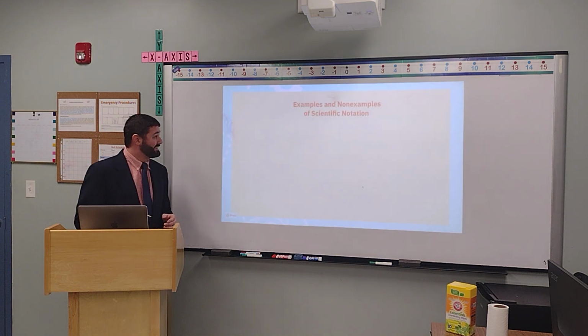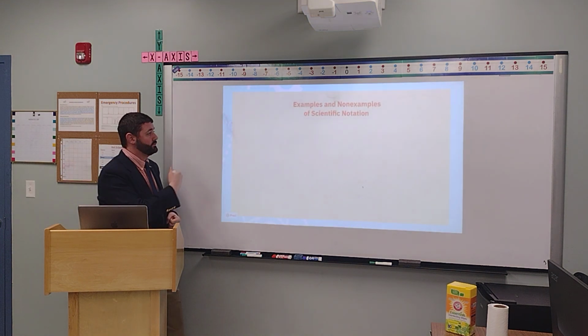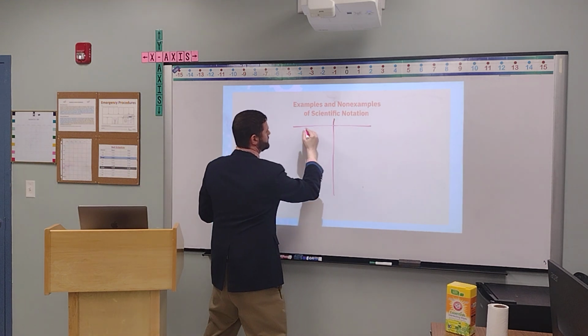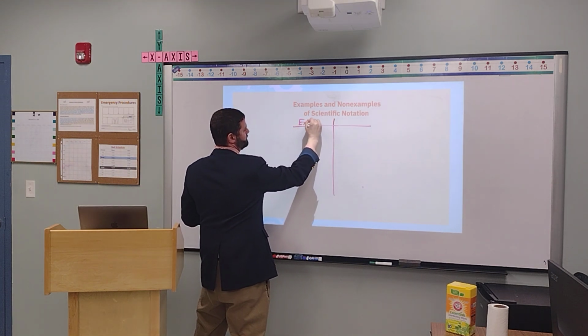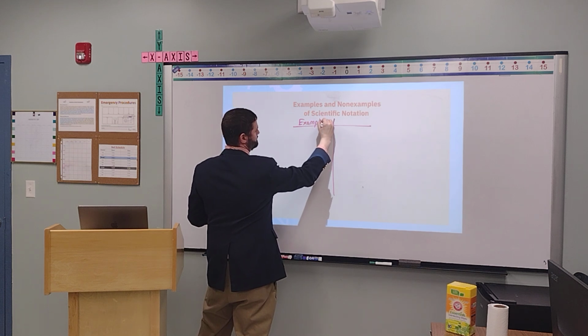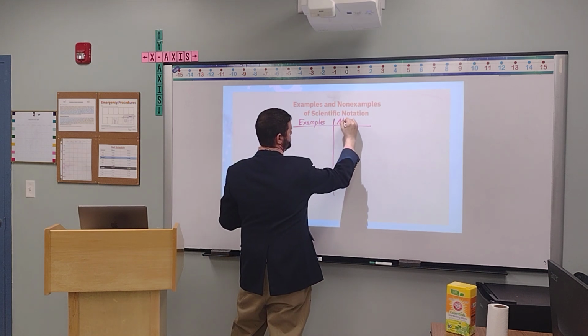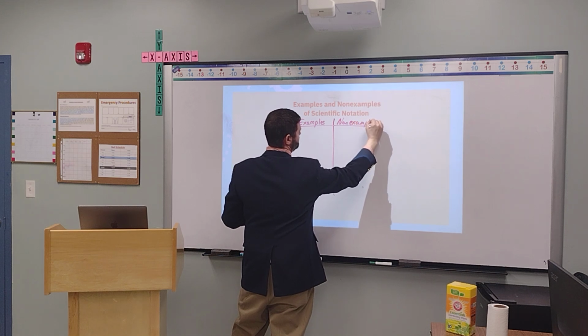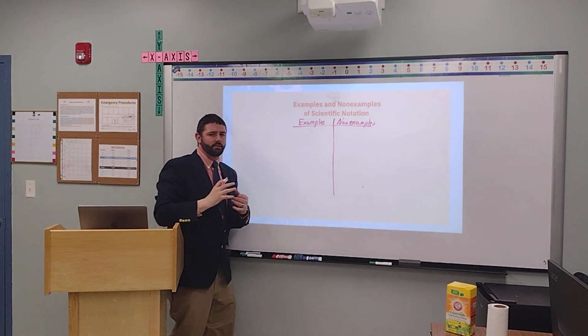So I'm going to write some examples and some non-examples of numbers written in scientific notation. So here's examples on the left, and some non-examples on the right. And I want you guys to tell me the difference.